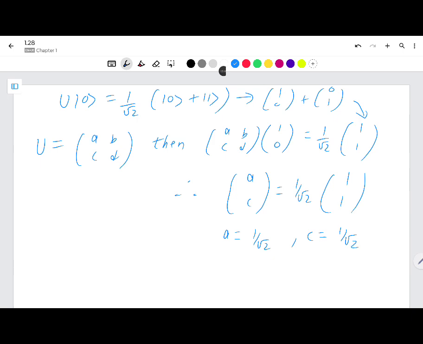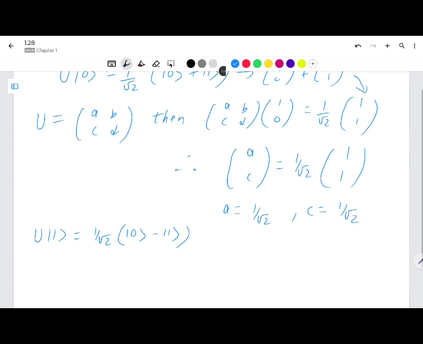Also, we need to see that it should give me 1 by square root of 2. So this one, C D operating on 0 and 1, this will be minus 1.